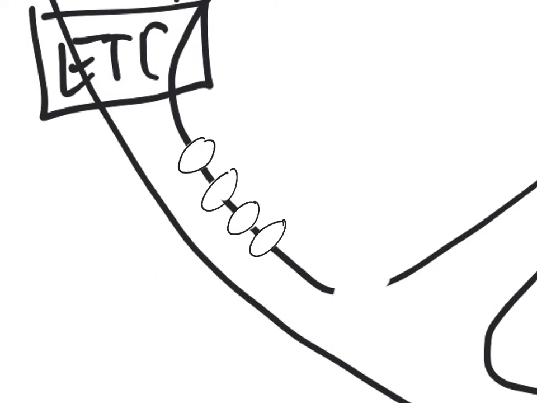These 4 electron carriers are proteins, transmembrane proteins, and I'm also going to draw our ATP synthase here. So just to get our bearings, remember this part is the matrix. This is our membrane, our inner membrane.